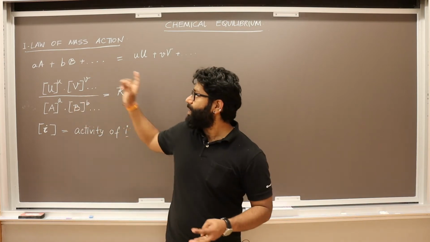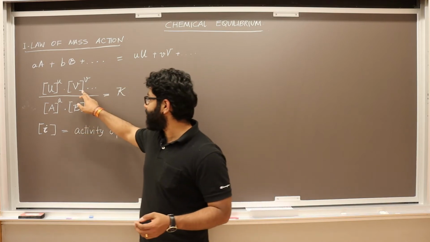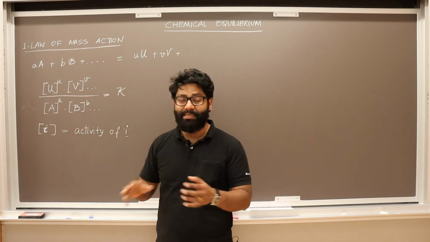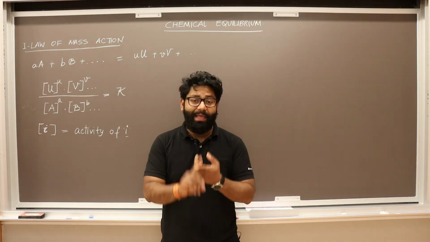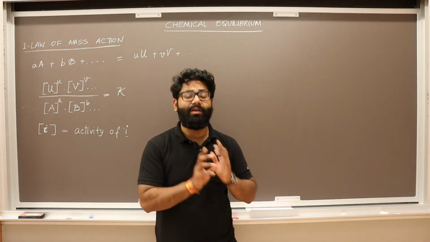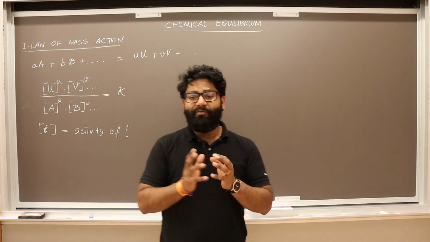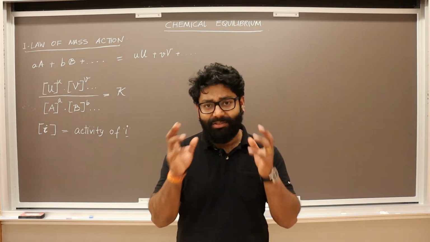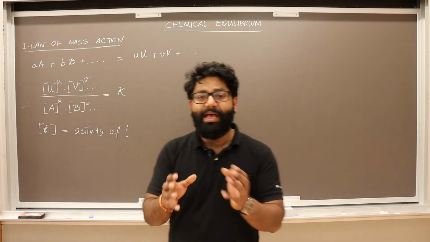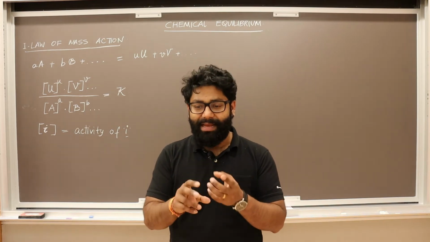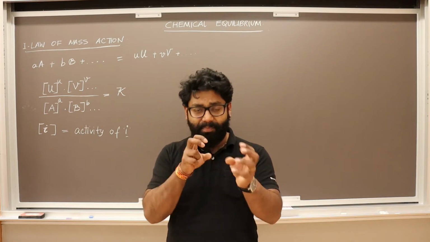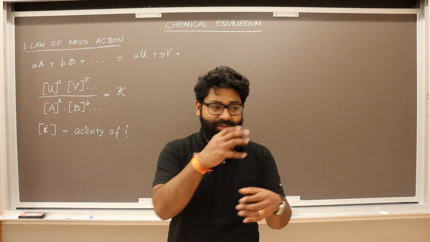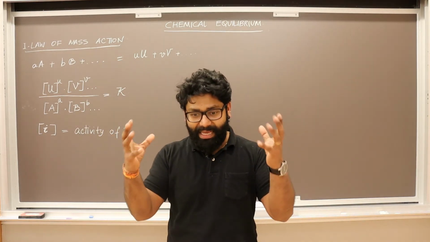Now, if we say that the thing in the bracket is concentration, that can only be true when the concentrations are extremely low. Why? Because when you have higher concentrations in the solution, there are interactions between different ions or different atoms in that solution.